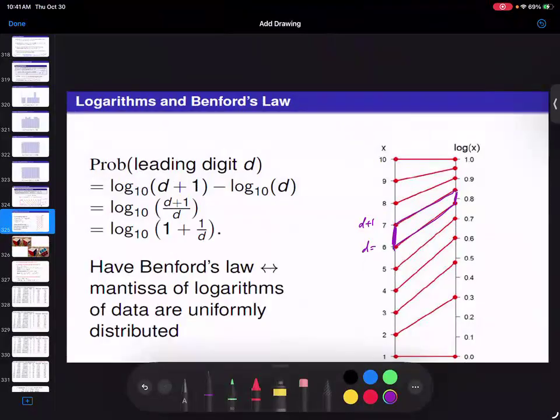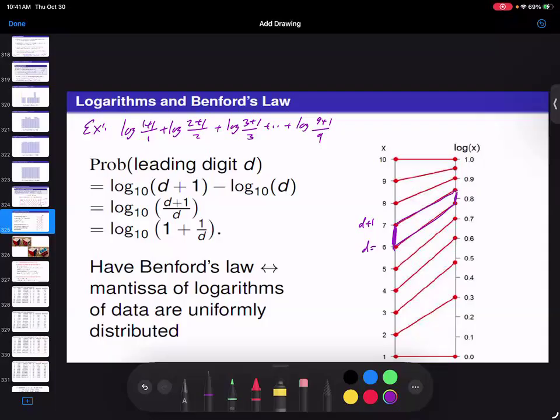As an exercise, if I look at the log of 1 plus 1 over 1, plus the log of 2 plus 1 over 2, plus the log of 3 plus 1 over 3, plus up to the log of 9 plus 1 over 9. Those are all the probabilities.